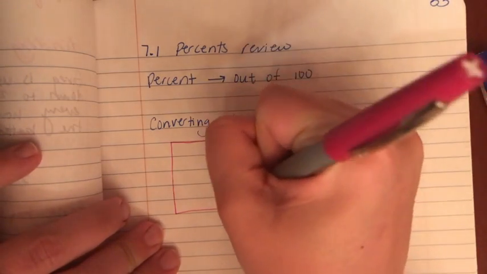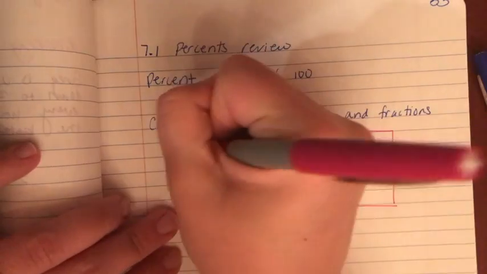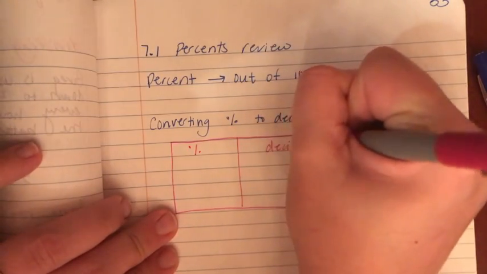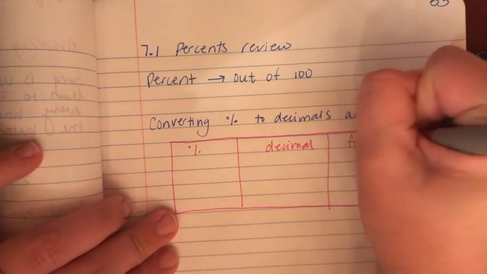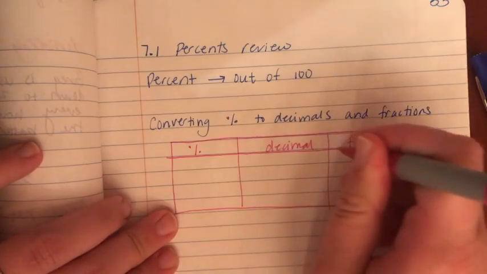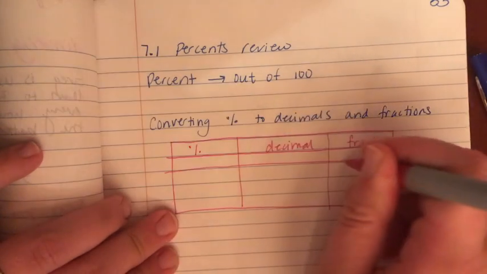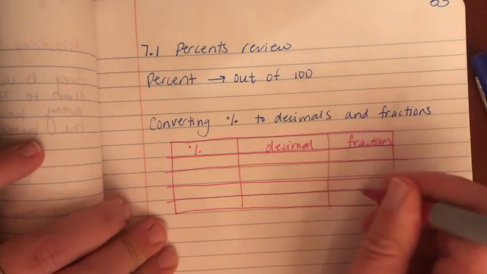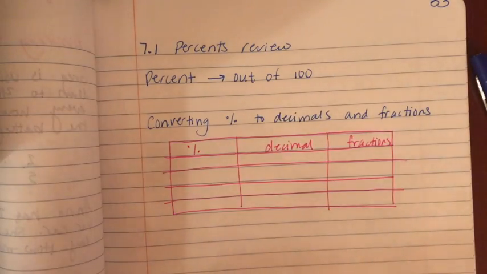So we'll have percents, decimals, and fractions. And your table, obviously, as you can see from my example, does not need to be very pretty. Okay, so let's say that I gave you to start 43%.